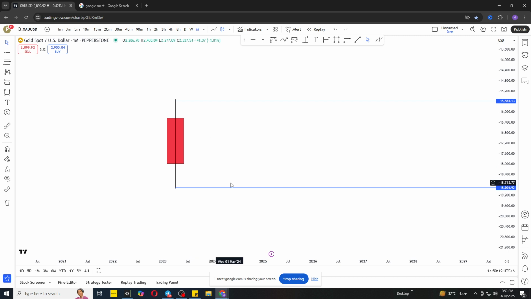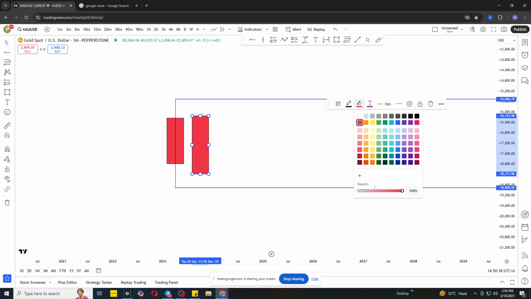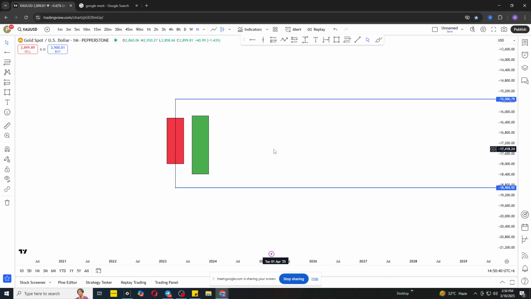To fulfill the combination, what color do you need? This is a red candle, so we need a green candle, a bullish candle. So we have a bullish candle here. That means yes, the combination is fulfilled, but we did not have any outcome from the combination. You got my point?